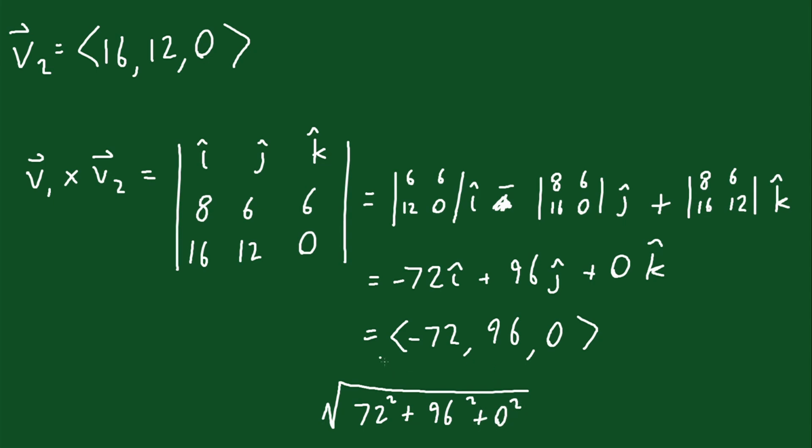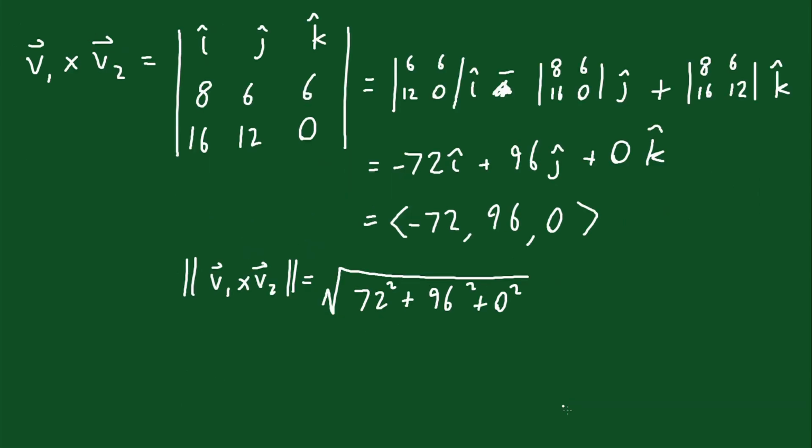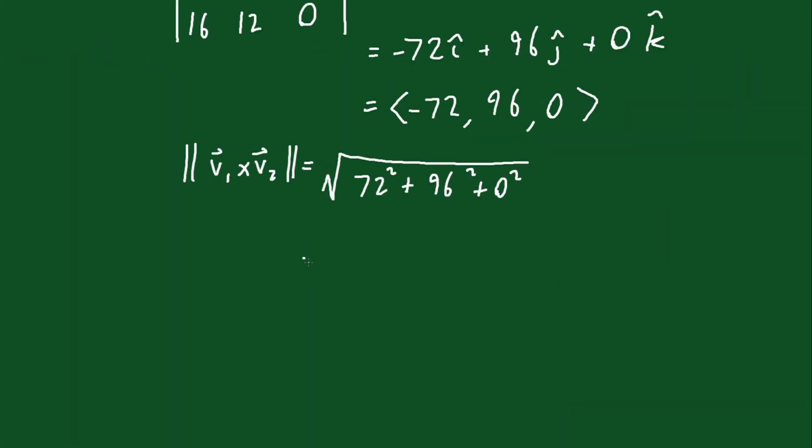If you're wondering why I'm not including the negative here, it's because if you do negative 72 squared, you'll get a positive answer. So there's no point including that negative because this will be positive no matter what. And again, this is the magnitude of V1 crossed with V2. That's what we're doing here. So we do this calculation, and you should get 120 as the magnitude.